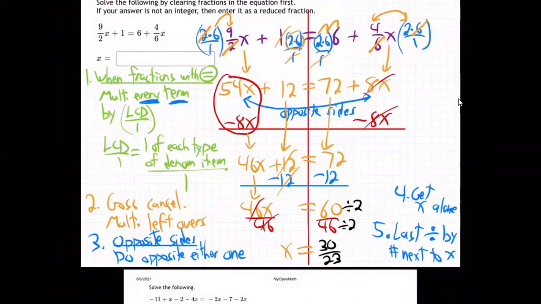Do the same to the left and the right. And then cross cancel and multiply what's left over. Over here, cross cancel, multiply the leftover. In the middle, we just multiply because there's no cross canceling. I mean, I guess you could say the ones, but who cares? And then you get to here, it's much easier from here. x is on opposite sides, do the opposite, get x alone. So there we go.